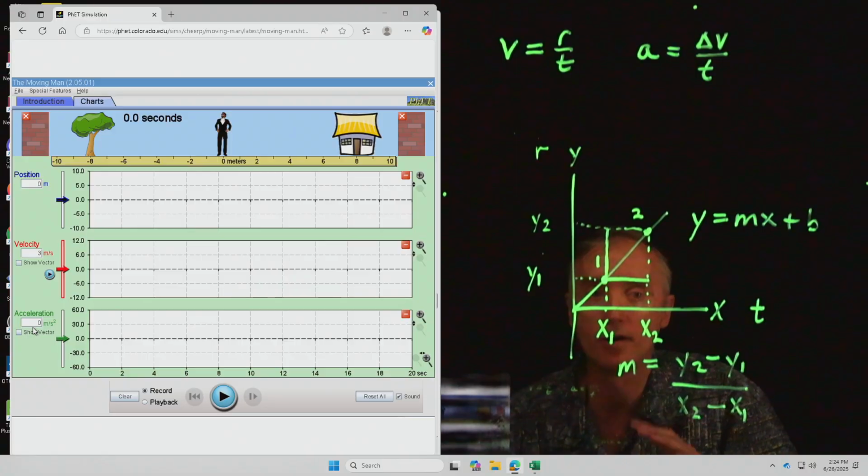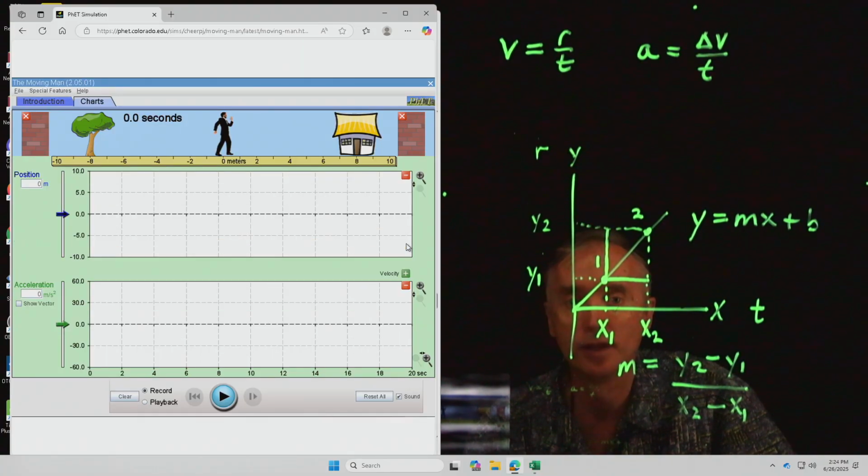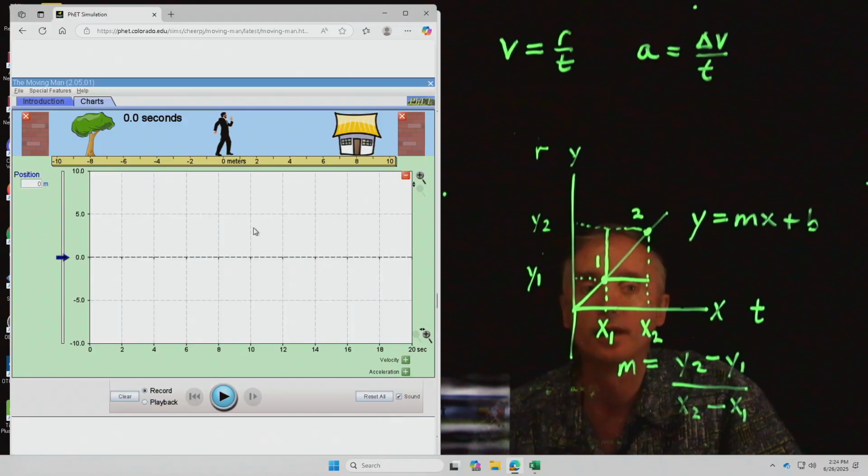All right, so now we've got our initial parameters, and now I'm going to click off this graph. So you see here, click on there, and that gets rid of that graph. And then click on here to get rid of that graph. And if you want the graphs back, then you click on these two things. And so now we're going to run the simulation and see what it looks like.